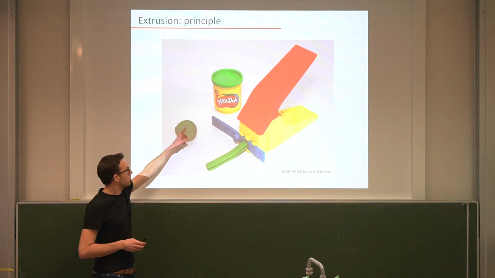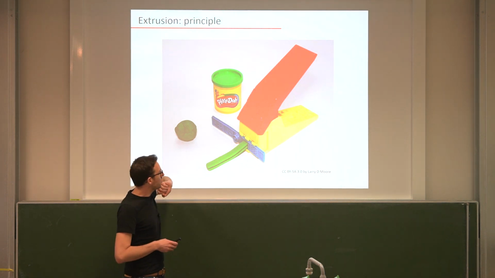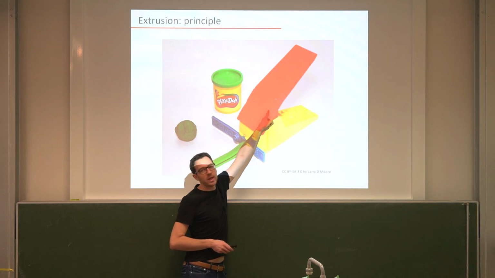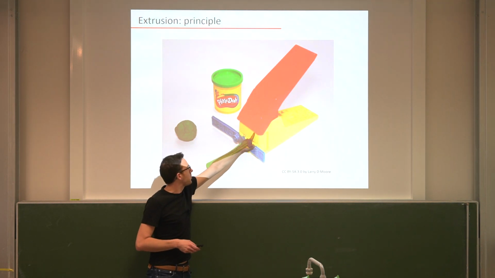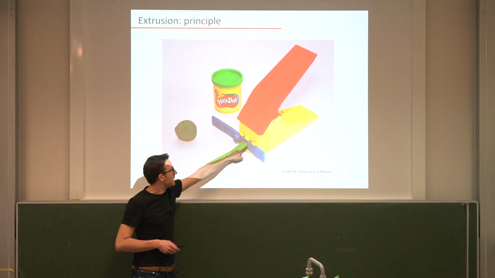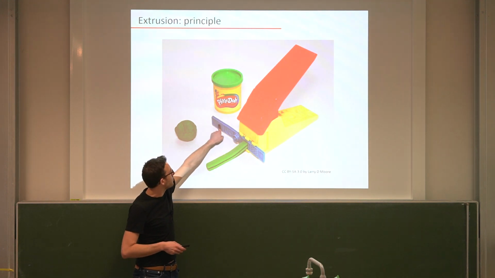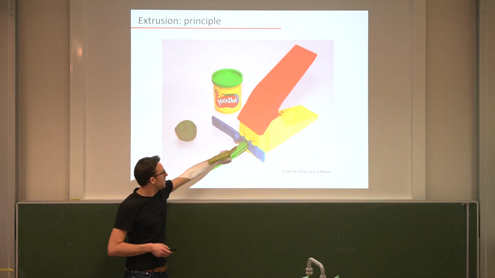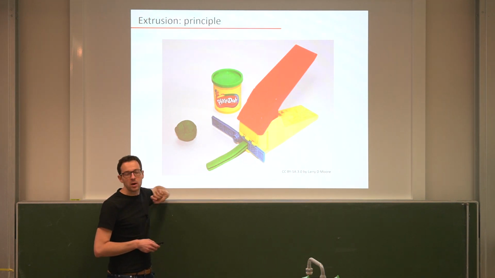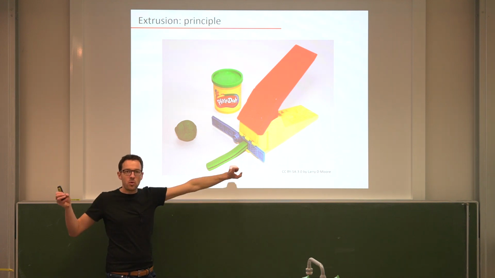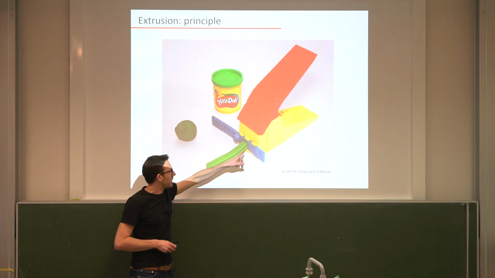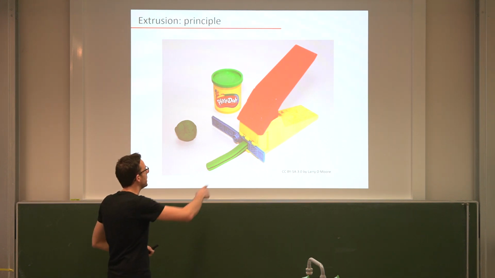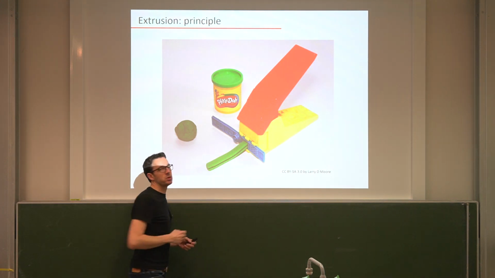So you see, this is Play-Doh, and what you can do with these Play-Doh machines is you put the soft Play-Doh in here, then you push, and this pushing will bring the Play-Doh out of this little die here, and then you can have this selection of, if you want, die shapes that will then extrude a polymer or a Play-Doh tube or line or star-shaped or whatever this may be from this very basic extrusion device.